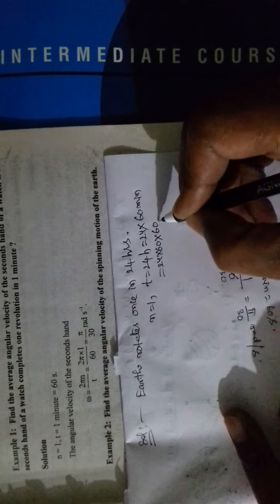So number of rotations 1, time taken 24 hours. 1 hour means 60 minutes. One minute means 60 seconds.